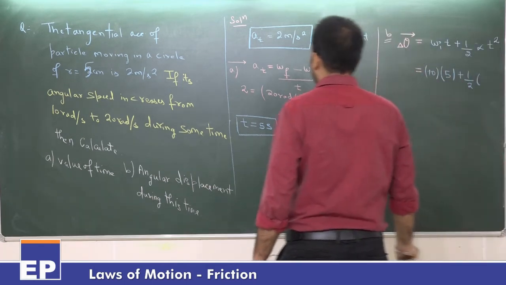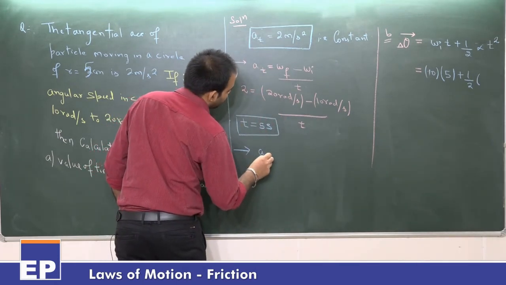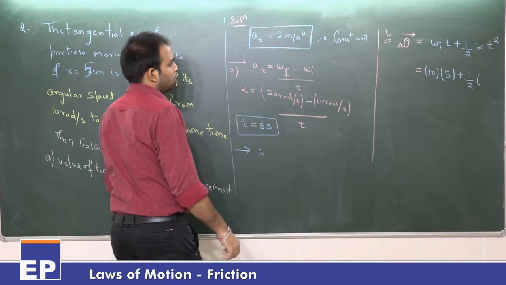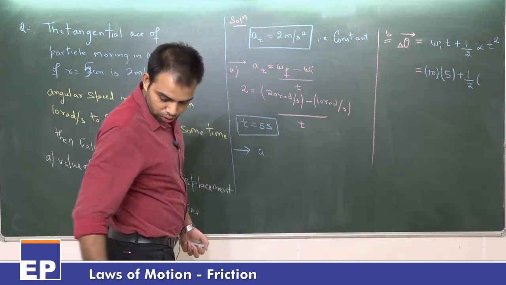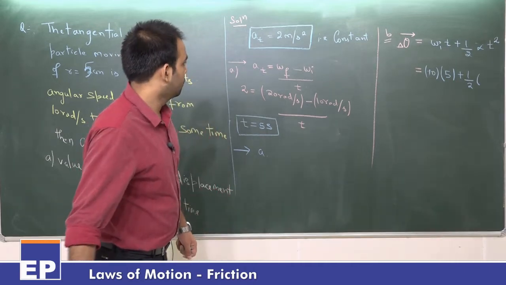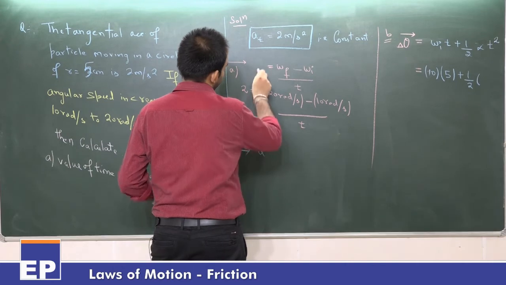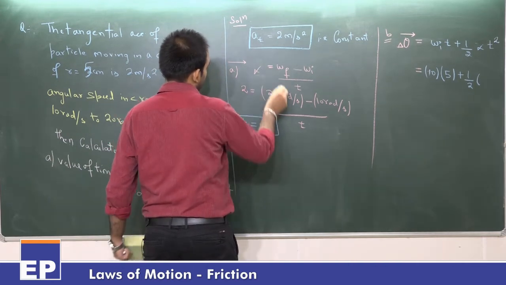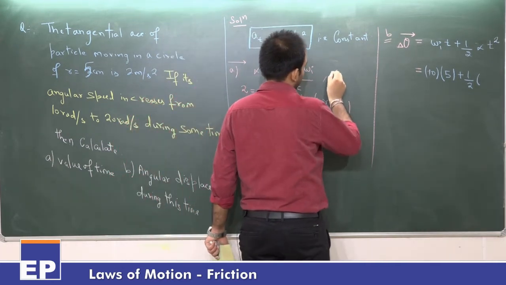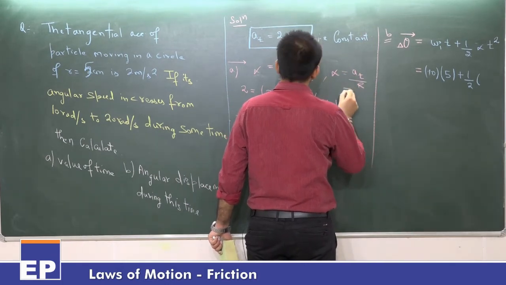You can calculate the value of alpha. AT is equal to R alpha. We have given AT, so we can write alpha is this much. What is alpha? AT by R. AT is 2.